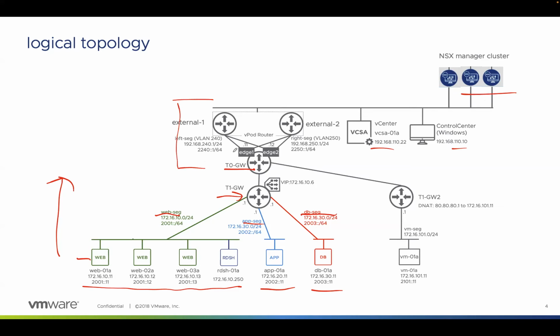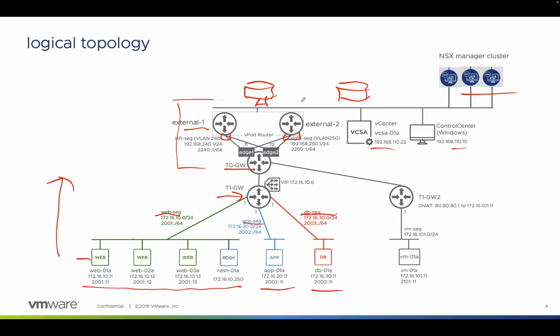For the uplink, you can see there are 4 subnets. Seems like we have 4 subnets, so we also need 4 interfaces on the physical or external routers. But to be accurate, I'll give you another diagram. For T0, remember we talked about T0's HA mode.